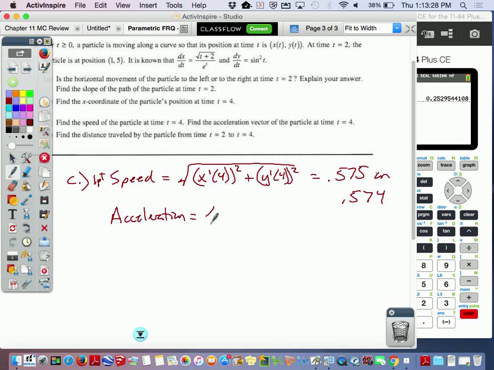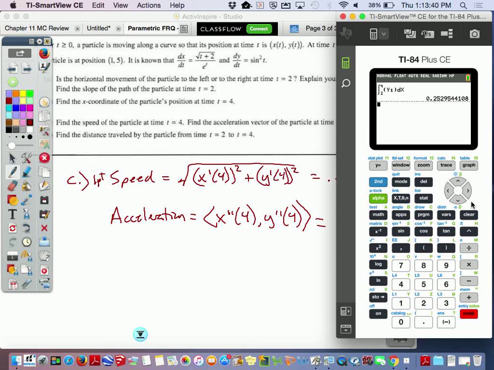The acceleration vector is going to be the second derivative at 4. Again, I want to make sure you're using your calculator properly. Don't be doing the derivatives on your own. So for this case, we need to do the derivatives individually. So I'll do math 8. Derivative with respect to x of y1 at the value of 4.